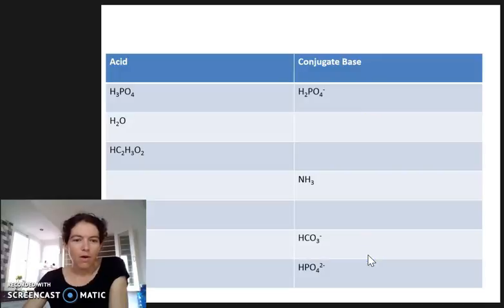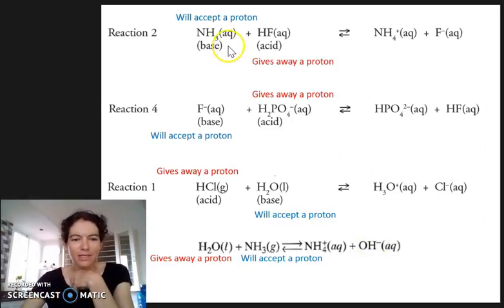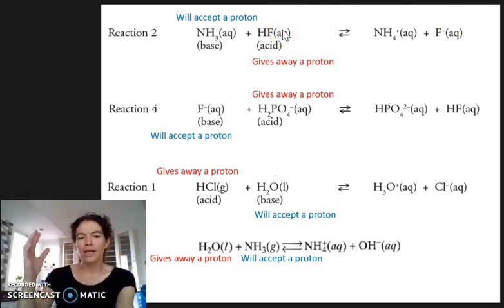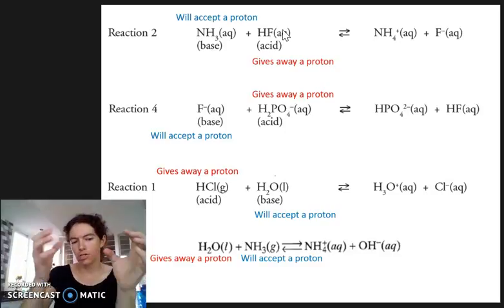So let's think: when an acid gives away a proton, if you go back to this, the acid gave away the proton, and we called what remained a base. It's the conjugate base. Conjugate just means related, the partner to it.